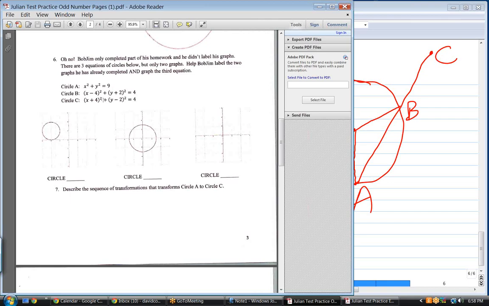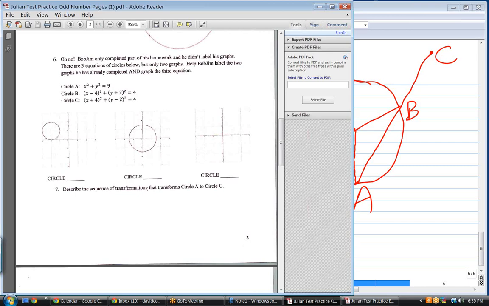I thought you were going to say B for sure. No, you're right, because it's always x minus h. So because it says x plus 4, that means h must be -4. And y is +2, and that's what that is right there. So that's circle C. Circle B is going to look just like that, only where's the center of circle B going to be?